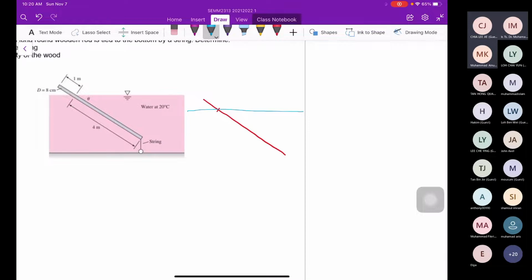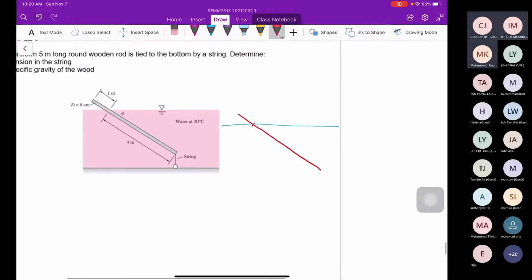The buoyancy force must act at the centroid of submerged body. Where is the submerged body? From here to here. Where is the centroid? The centroid, definitely it is 2 meter, right? Sorry, this is the buoyancy force, FB.